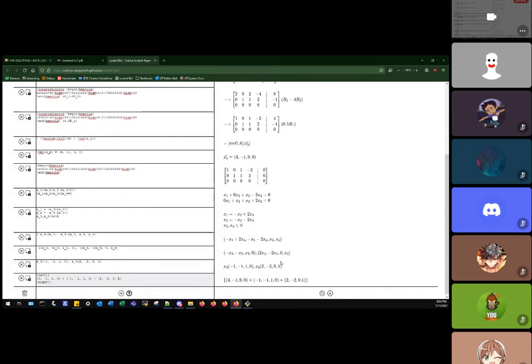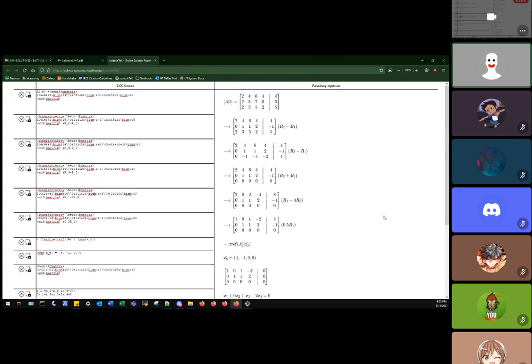And you don't want to forget the coefficients in front of the special solutions, x3 and x4. This is the complete solution to Ax equals b.